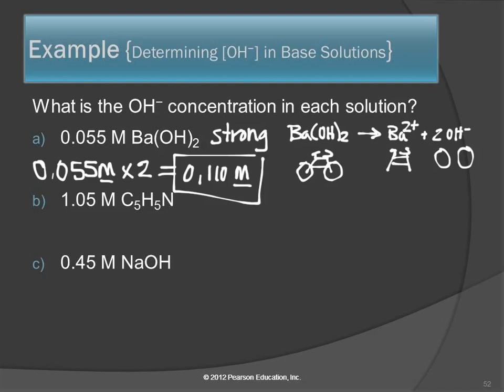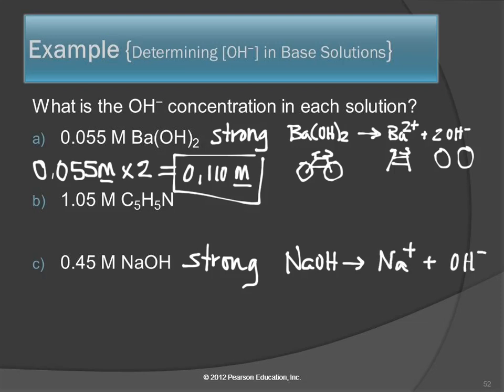Let's jump down to the bottom and do this one. 0.45 molar sodium hydroxide. Strong base, weak base. Strong base. So strong base, let's think, you don't actually have to write this out, but it can be helpful. There's a sodium ion and hydroxide ion, right? This would be, I guess, a unicycle, right? There's 1 frame and 1 wheel. It comes apart, you have the same number of wheels.